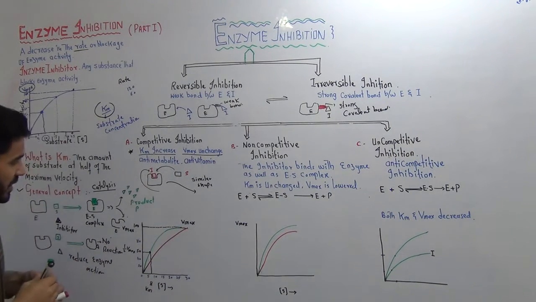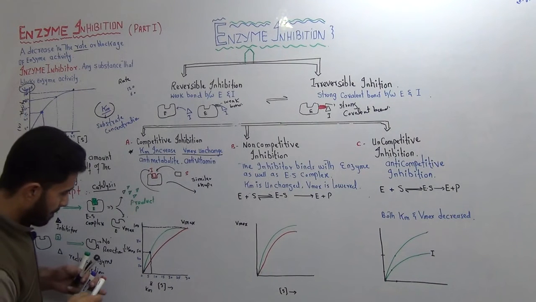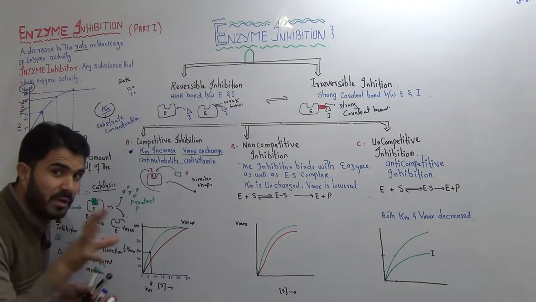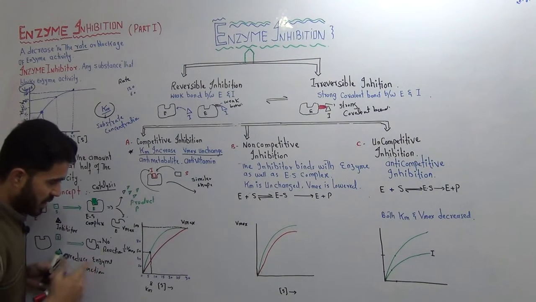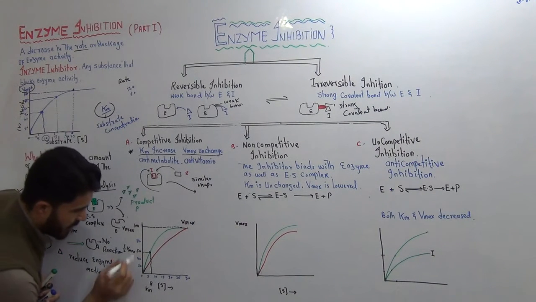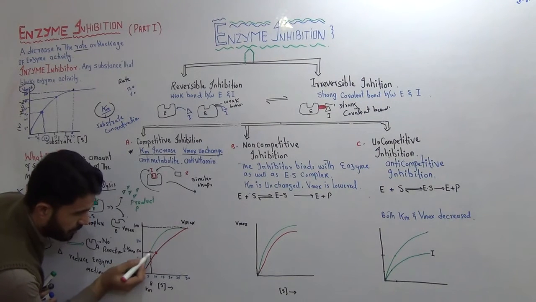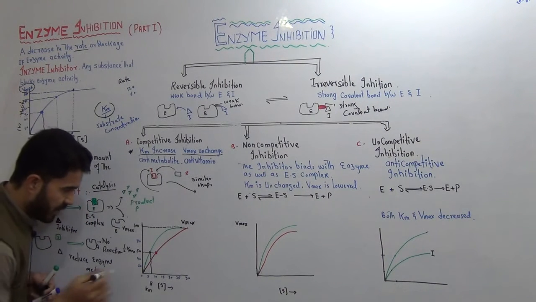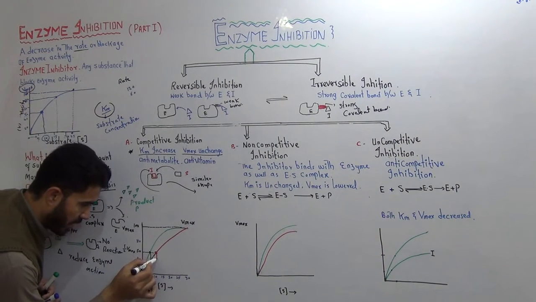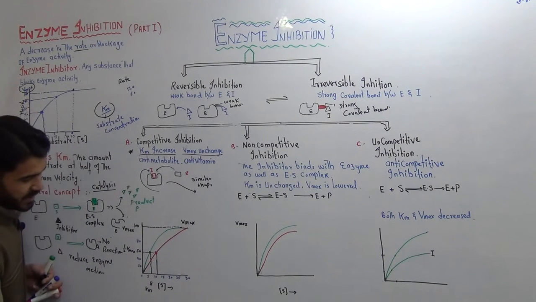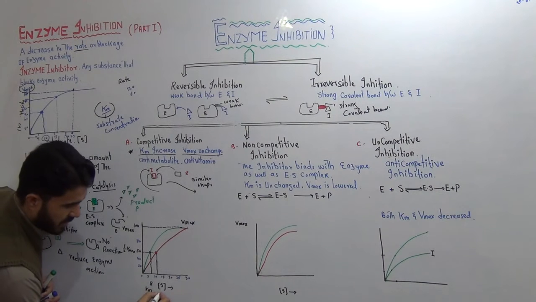But the important thing is that this time, where will be our Km? If you just notice, at this point the speed is half. So you will bring this point down and it will be at almost 10 or 11. So in this case 11 is our Km.